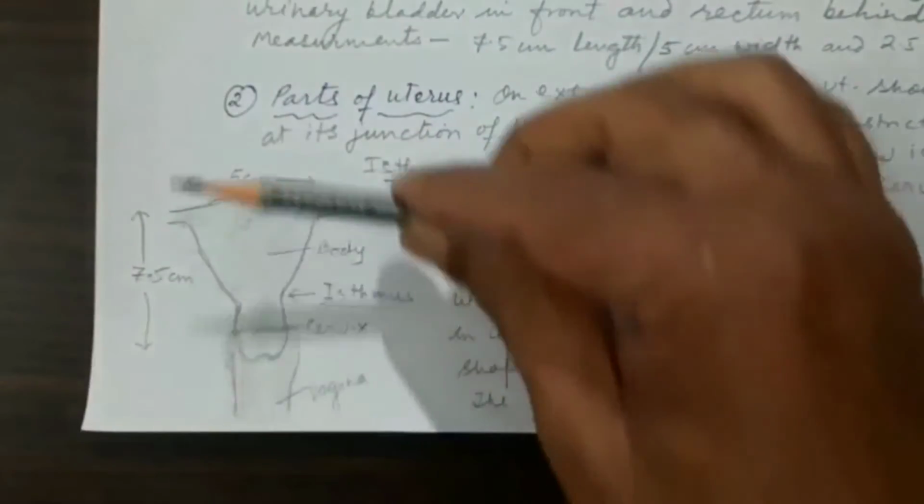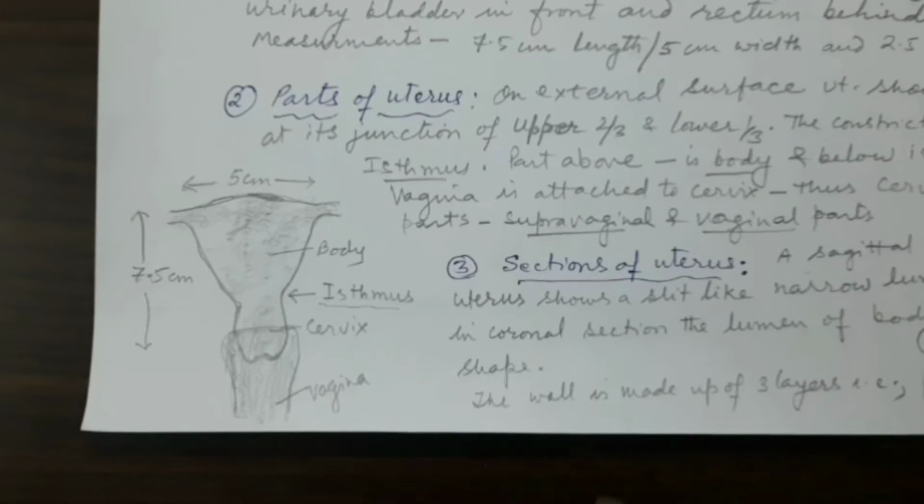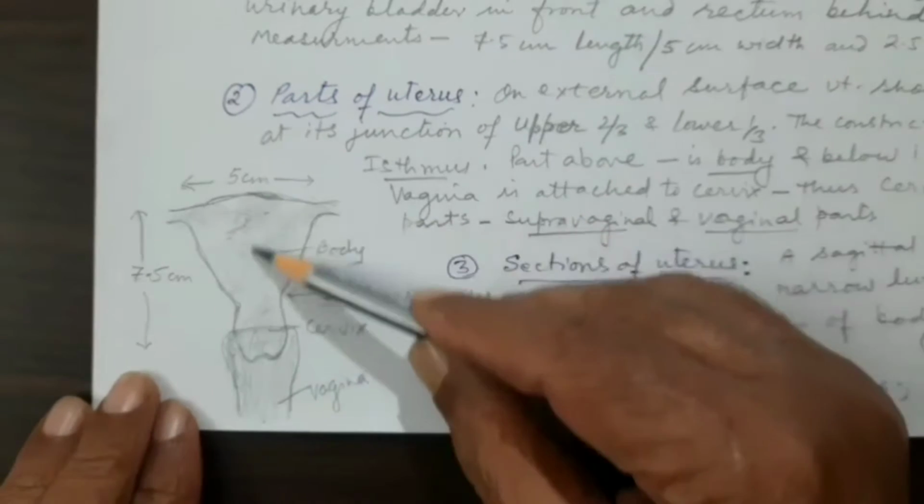With the help of these two sections we can understand the size and shape of the cavity, the uterine cavity as it is called, which is present within the body and cervix of the uterus.